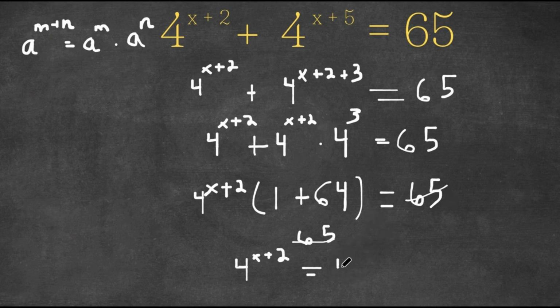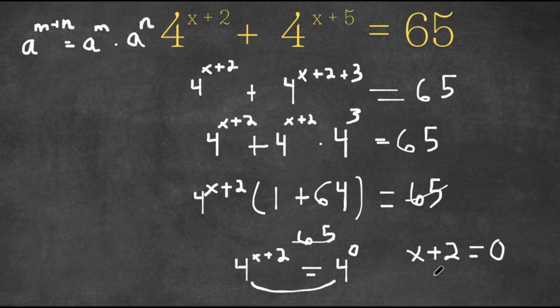So I'm going to replace the 1 with 4 to the power of 0. Because both of the bases are 4s, we know that the exponents are the same as well, meaning x plus 2 is equal to 0.